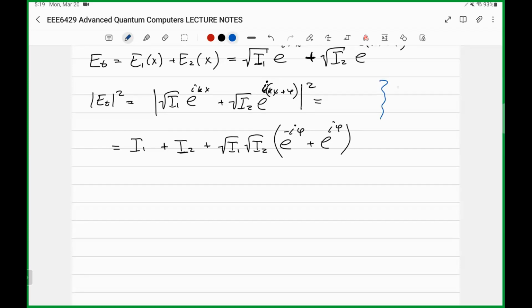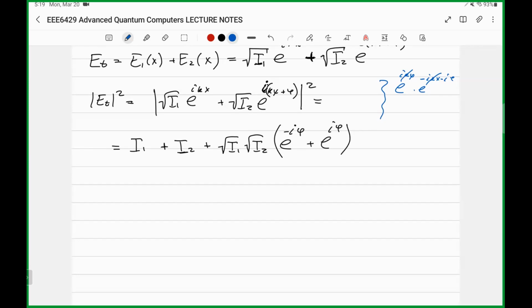Simply because e to the power of ikx times e to the power of minus i(kx plus phi), these two cancel out, and I get e to the power of minus i phi, and the same for the fourth term.